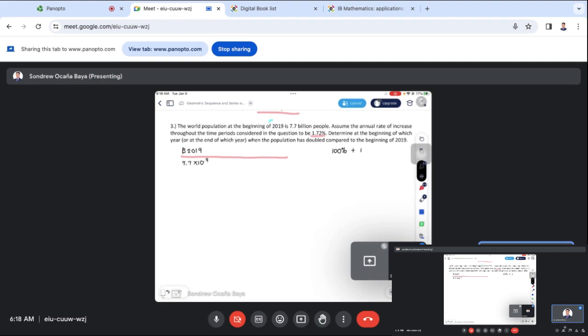So this is the one that we are going to multiply to get the increased value. But then we have to convert this into either a fraction or a decimal. So percent means per 100. Or as a decimal, we can write this as 1.0172.